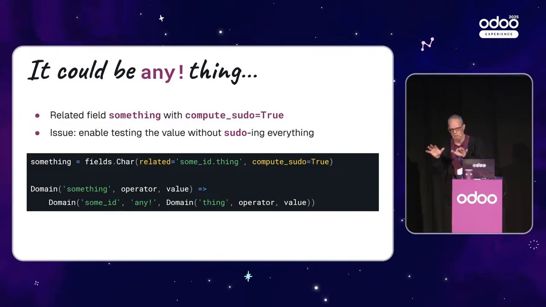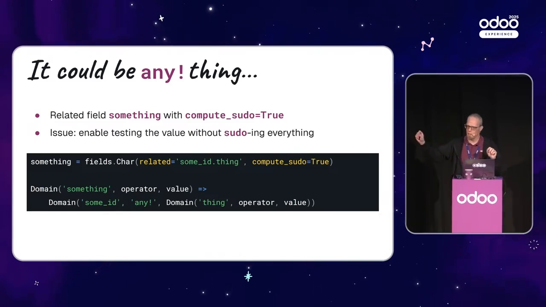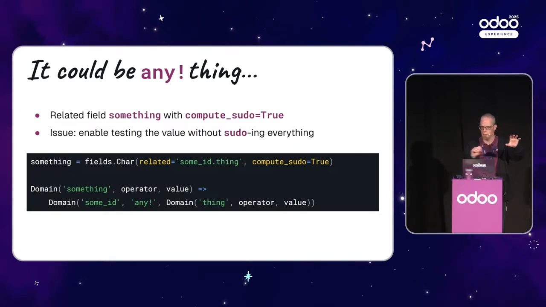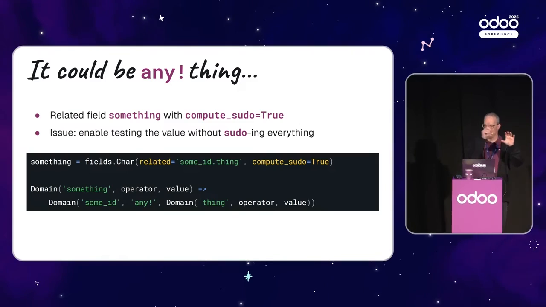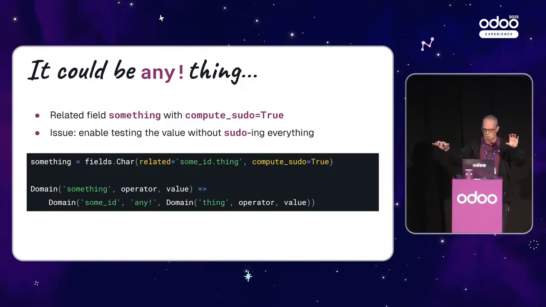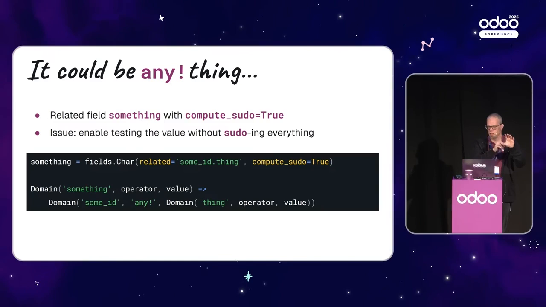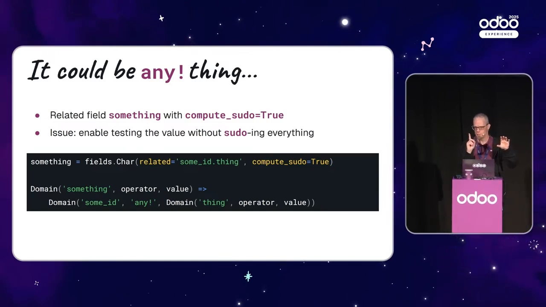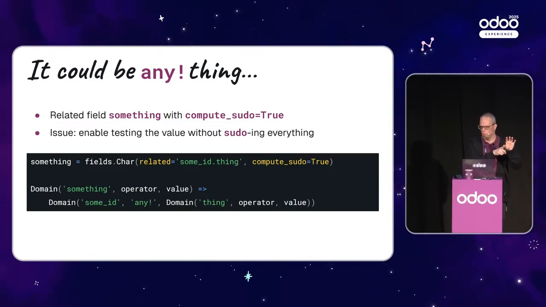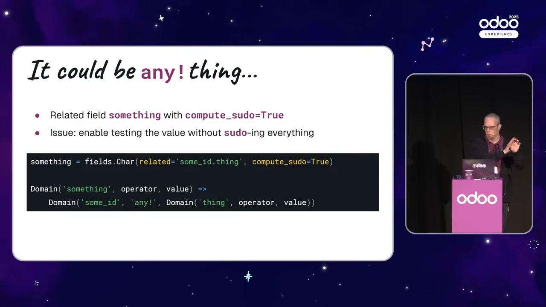So the semantics of the any operator, if we say line IDs any domain, it means there exists a line in the line IDs of the current record that satisfies the domain and that's also accessible for reading. You have the access rules that are added to it.